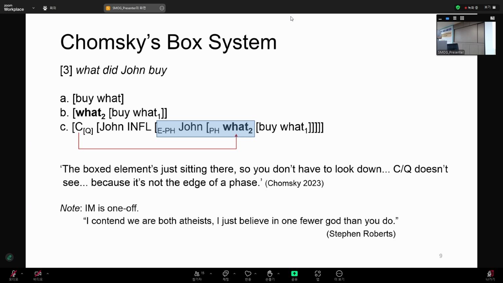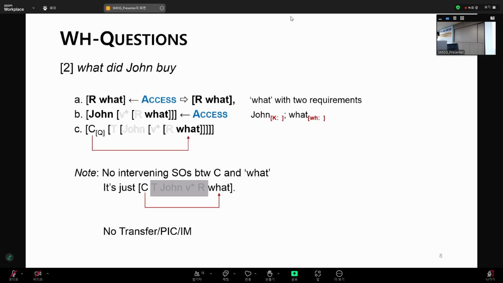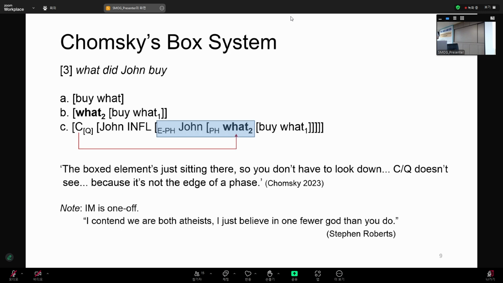Okay, so basically, this derivation and the idea is, in a sense, quite similar to what Chomsky proposes in his box system or box theory. So basically, Chomsky's idea is that when this one moves to another place, then it is stuck there. So figuratively speaking, what two is boxed there, even though Chomsky doesn't like the terminology of boxing.